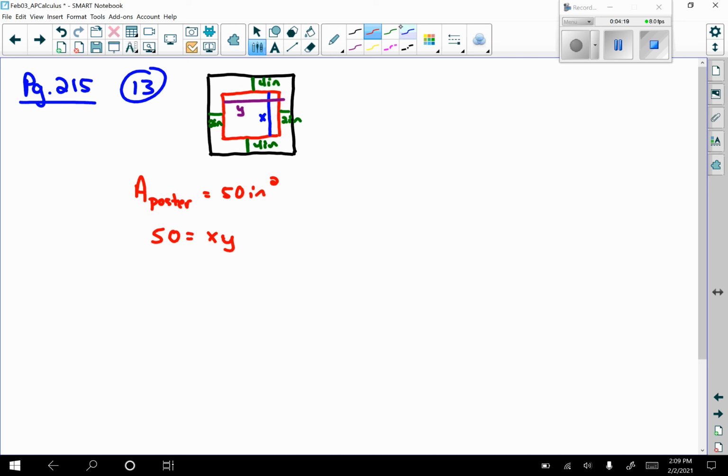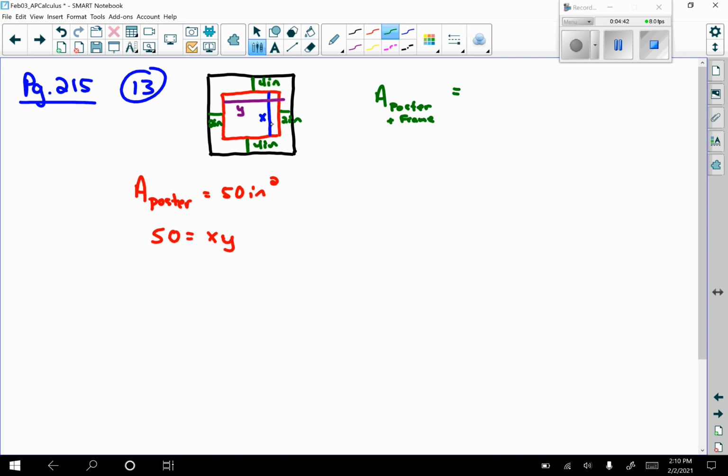So we're trying to minimize the area, as we're trying to minimize the amount of paper used. So we're going to call this the area of the poster plus the frame.